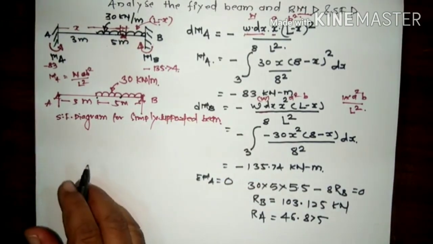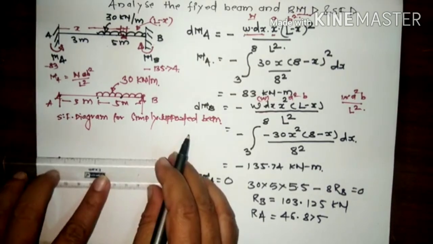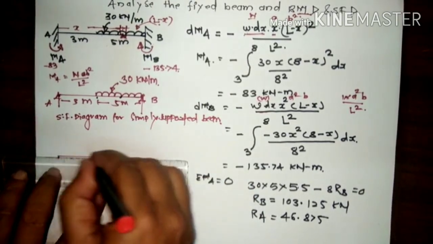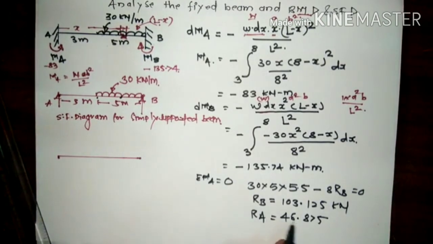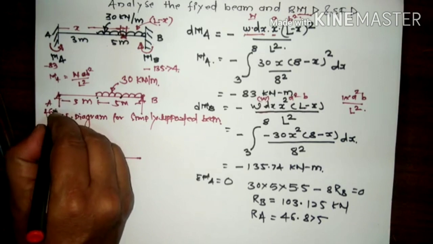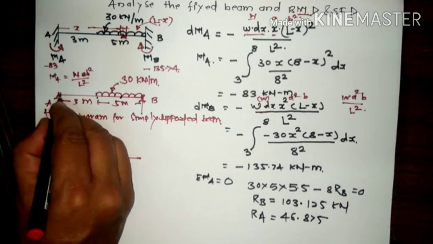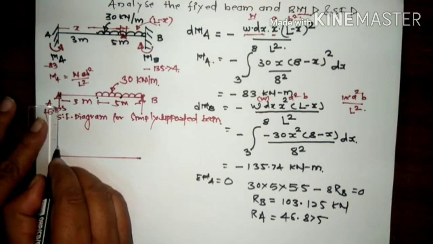Okay, so here we should draw this. Now we know RA is 46.875. Here, from the left side, upward is positive, so this value is positive.